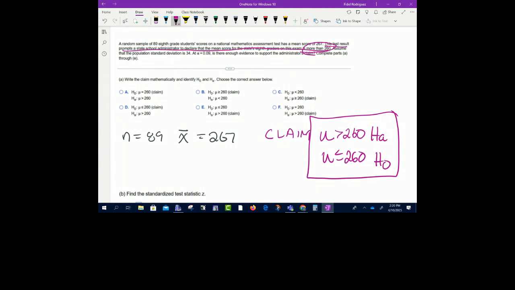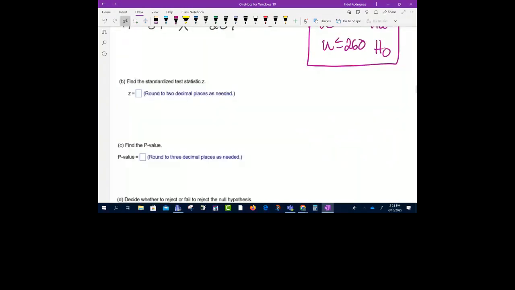Which was the claim? Oh, sorry, you're right. E, right? Yeah, because the claim was on the Ha. Yeah. Okay, so guys, one thing I want to say, when we make our mistakes, let's make them here together. This is a judgment-free zone, right? And hey, D and E look really similar, except look where the claim is. The claim was on the Ha. Very good. Okay, now, y'all, we're going to find our standardized test statistic.